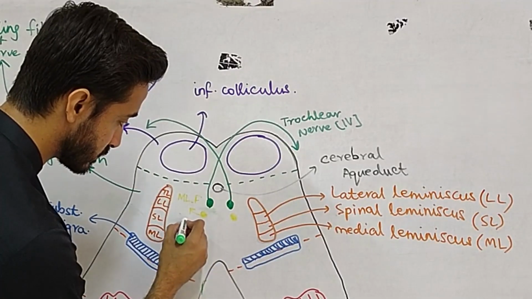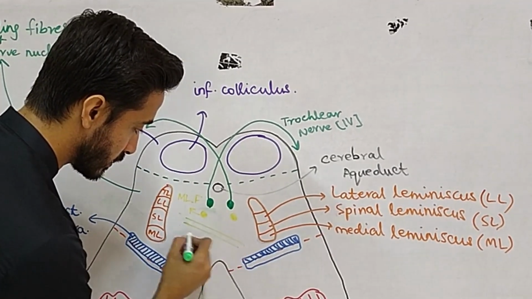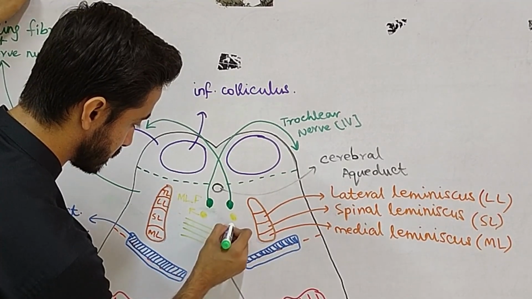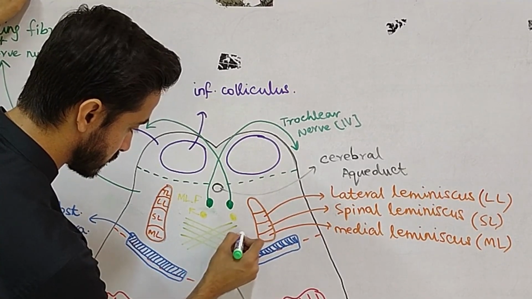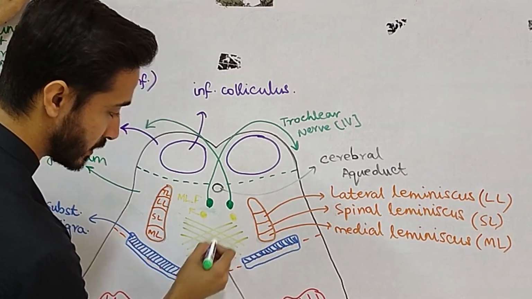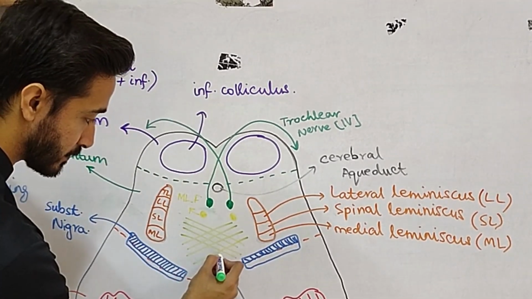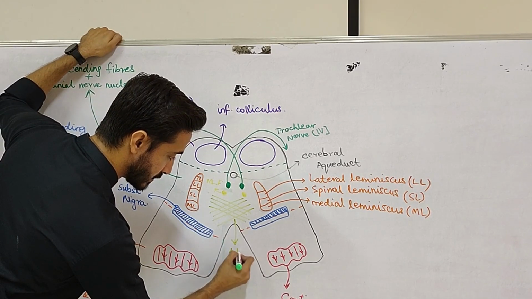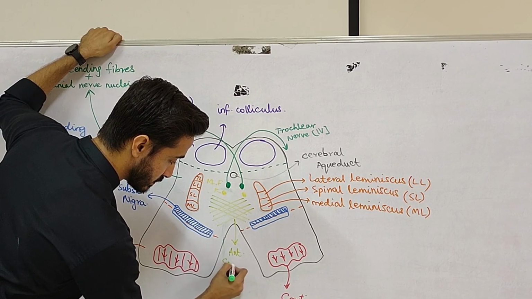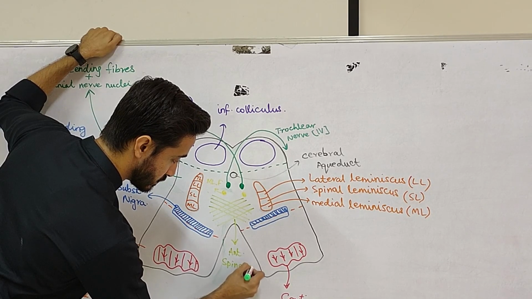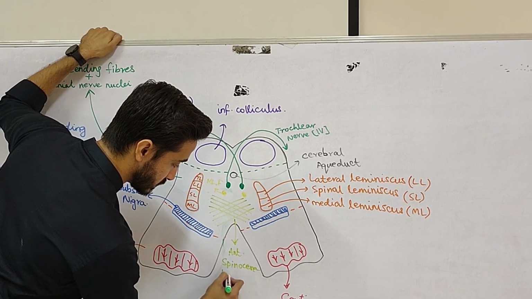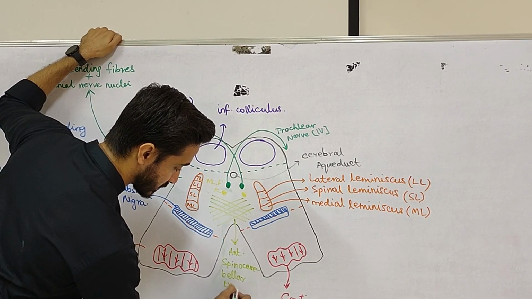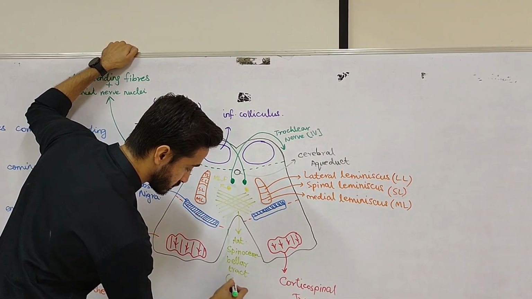I don't know if this works. Right? So this crossing is going to be the anterior spinocerebellar tract crossing.